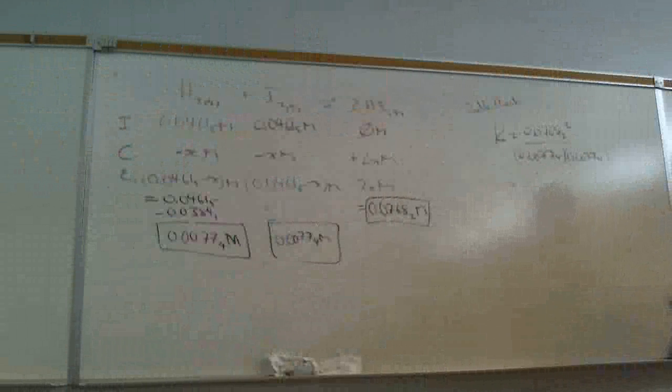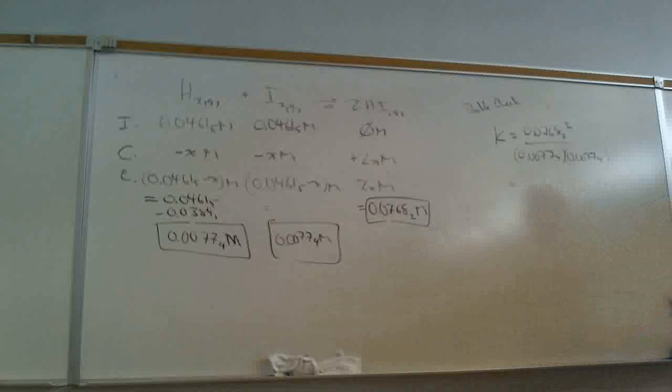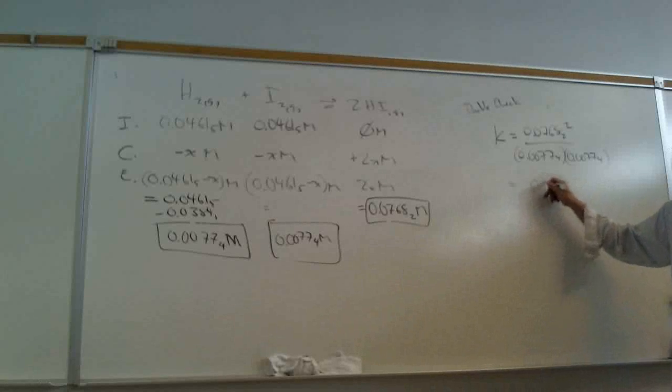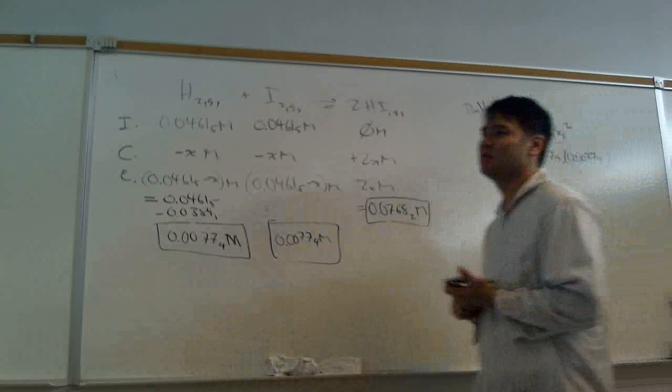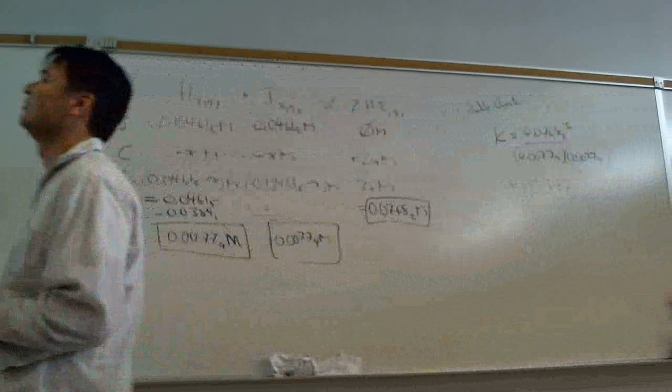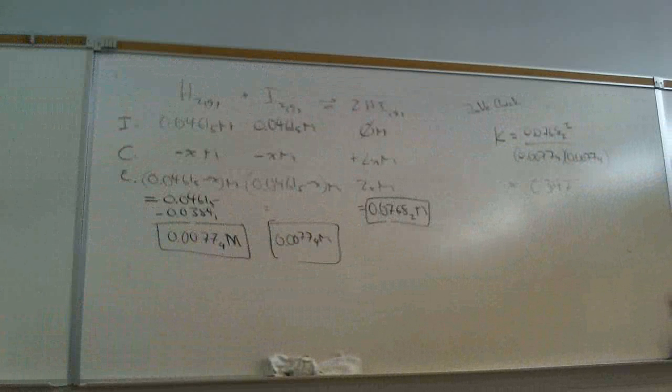I got 0.397. What is K supposed to equal in this problem? Which one did we get? 50.2. And so I'm getting 0.397, and the K is supposed to equal 50.2.